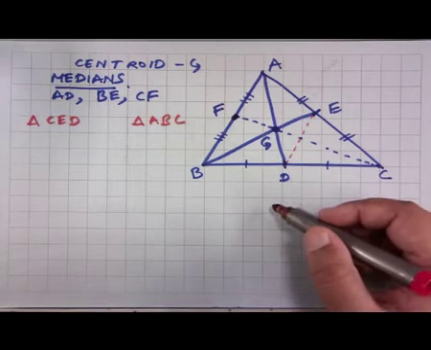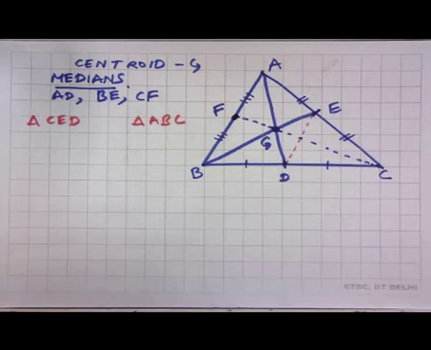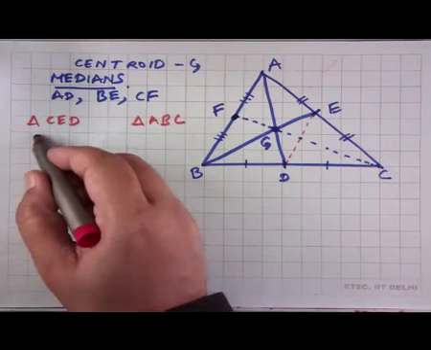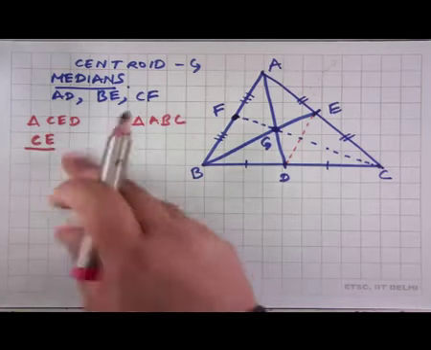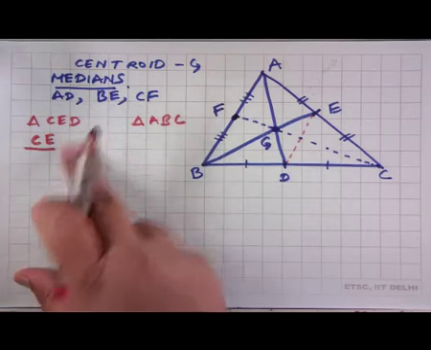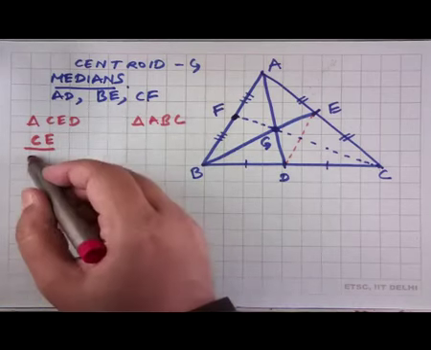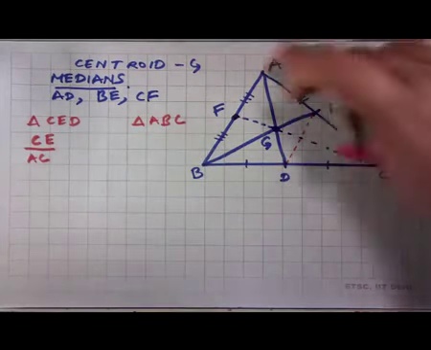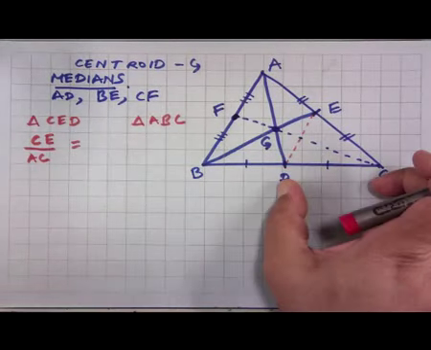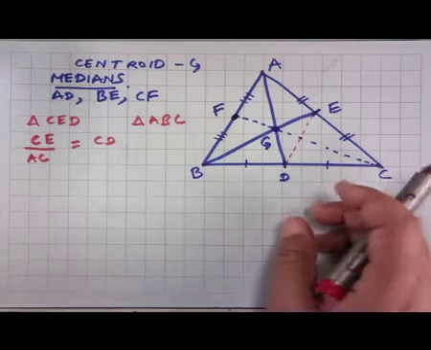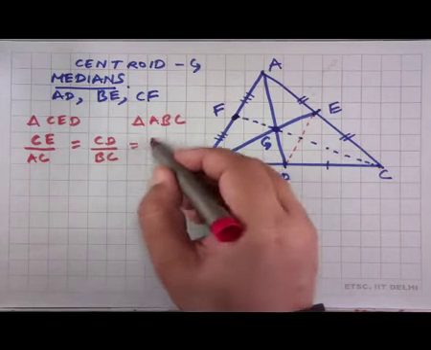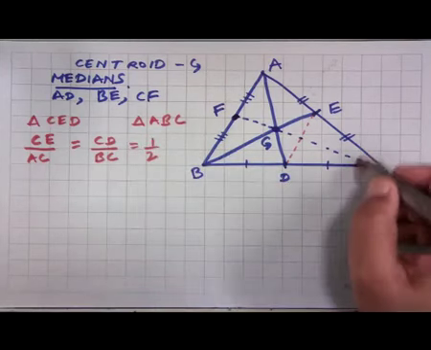Now, if you look at these two triangles, what we see is that they have a common angle, which is this angle C, and further we see that the ratio of the side CE of triangle CED divided by the side AC of triangle ABC, so this divided by this, is equal to CD of triangle CED divided by BC of triangle ABC, and both these ratios are equal to half, and plus they have a common angle.